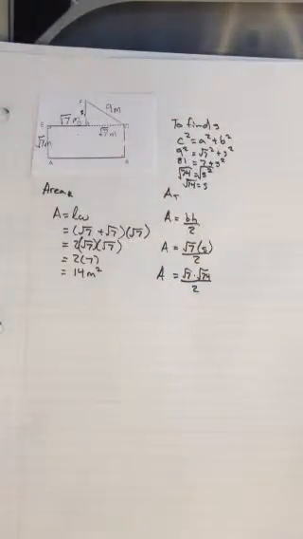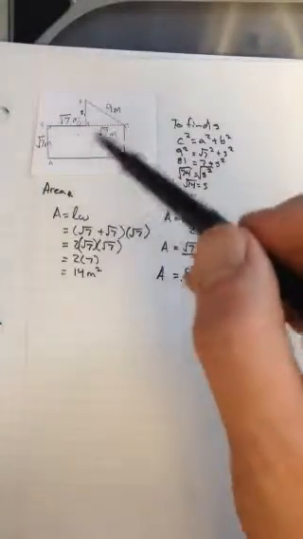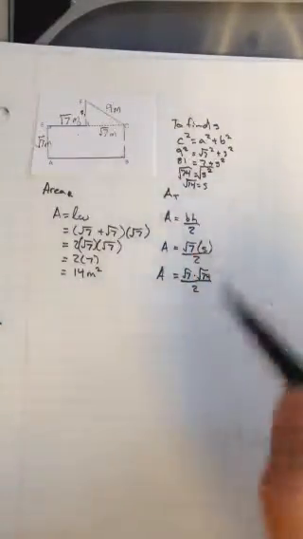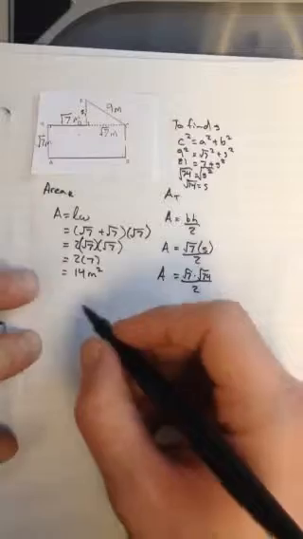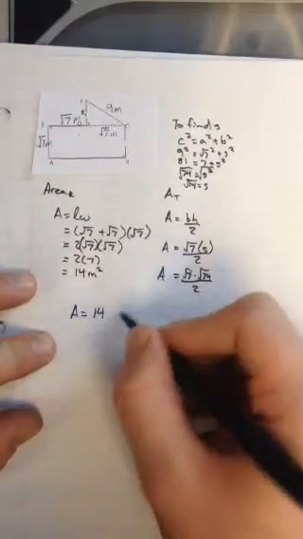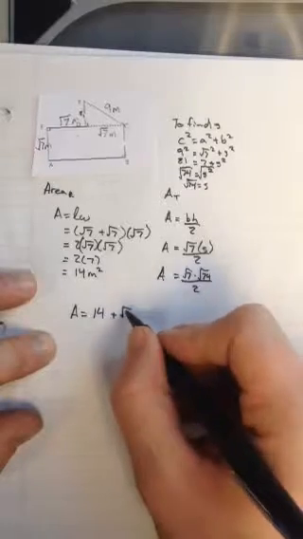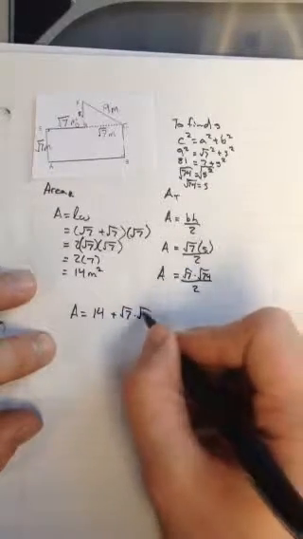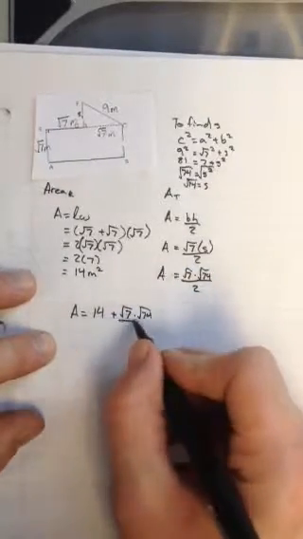And like we said before, the sum of these two areas is going to be the area of the entire shape. So the area in total is equal to 14 plus root 7 times root 74 over 2.